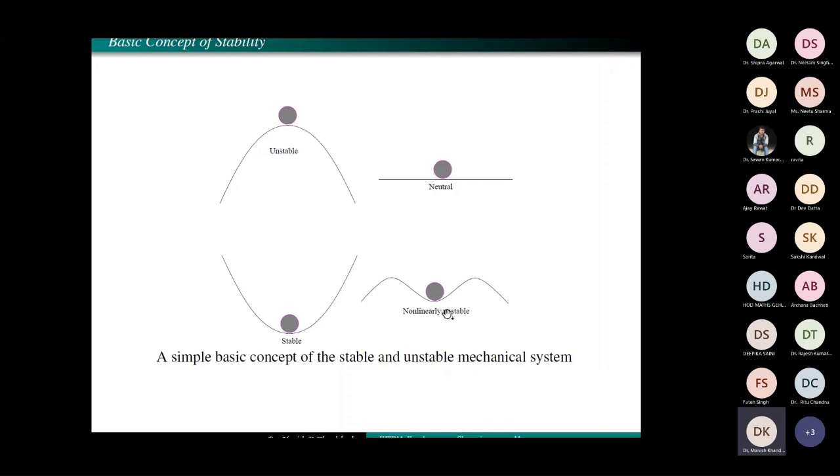If the disturbance is a good amount, the ball will go downward. If the disturbance is of very low magnitude, it remains here. Basically, this is part of nonlinear stability analysis. In this lecture we will also see how to develop a nonlinear stability analysis with respect to the given flow.